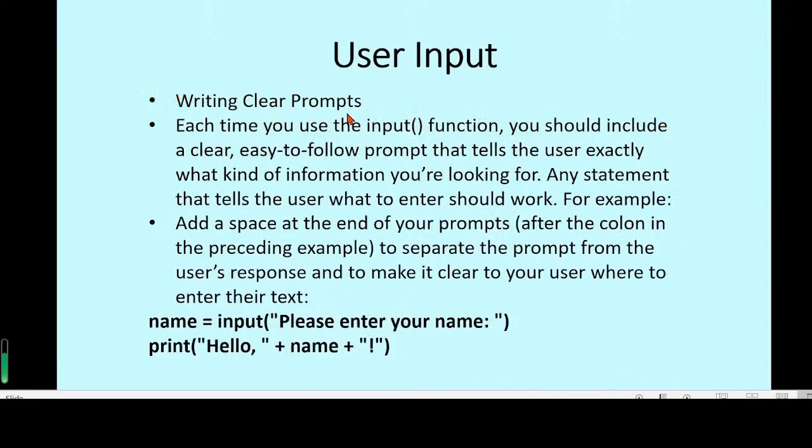So, writing clear prompts. Each time you use the input function, you should include a clear, easy-to-follow prompt that tells the user exactly what kind of information you are looking for. Any statement that tells the user what to enter should work. For example, add a space at the end of your prompt after the colon in the preceding example to separate the prompt from the user's response and to make it clear to your user where to start their text.